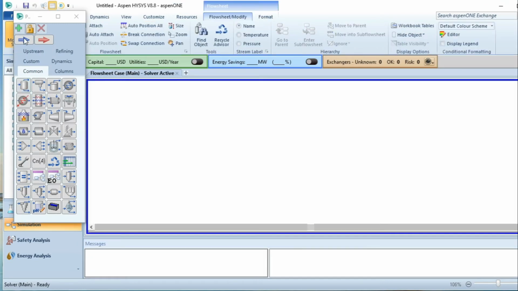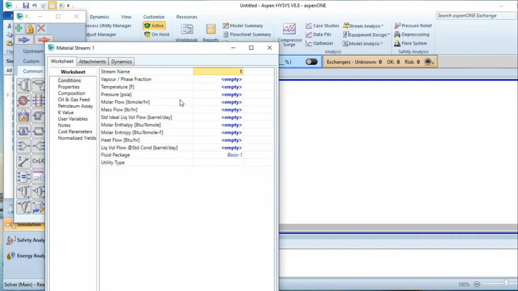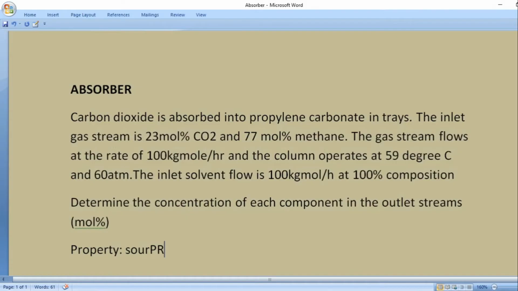I have two streams. The first stream is the solvent in. Let's check the data. It operates at 59 degrees Celsius and 60 atm at 100 kg per hour.